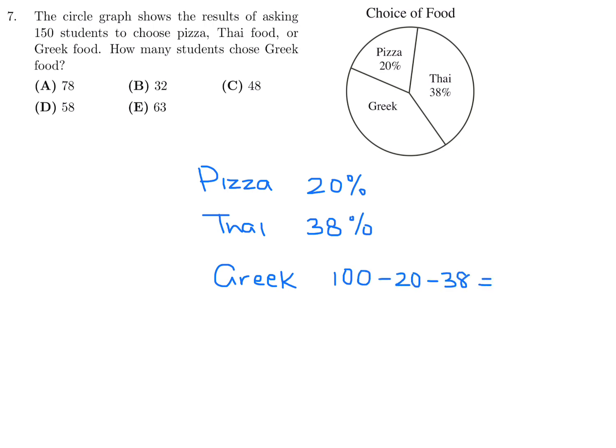And that gives you 42%. So we have 150 students, so 42% of them, so 0.42 times 150 students is how many chose Greek food. And that is 63. So number 7, the answer is E.